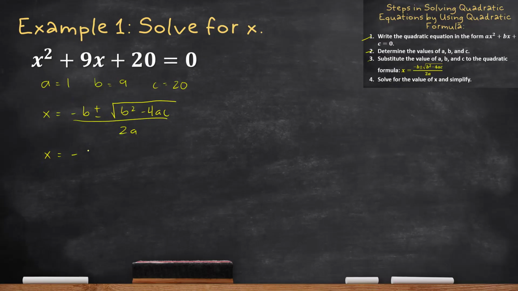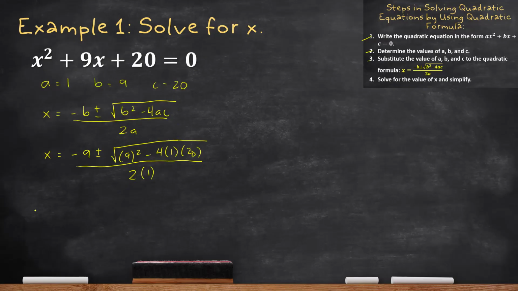Diba 9? So negative 9 plus or minus the square root of b squared. So this is now 9 squared, right? Minus 4 times a. a is 1 times c, which is 20 all over 2 times 1.